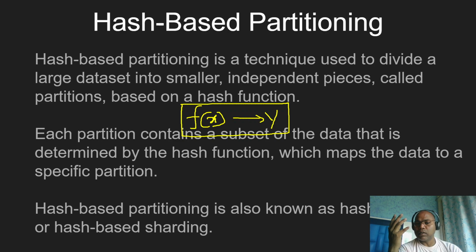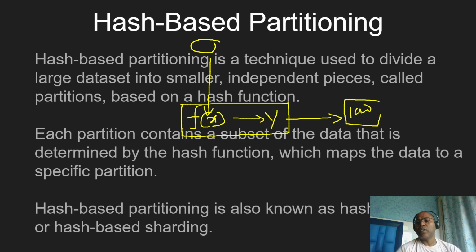Many hash-based APIs and hash tables are available, and every programming language uses hashing, because this is a very well-known mathematical concept. Whatever input you pass, it gives you a number. If the input is a string key, your function returns a mathematical number, which you take modulo the partition size.